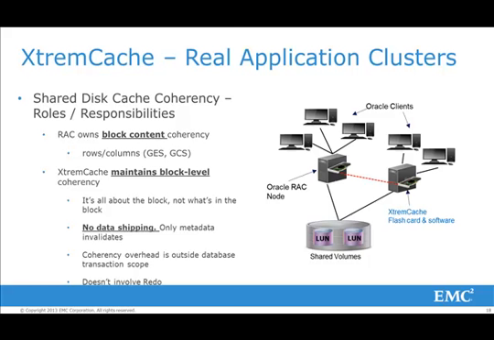Indeed, RAC itself with GCS, Global Cache Services, or Cache Fusion, is sending entire blocks of data around the cluster. That's not the operational method of XtremCache. XtremCache does not ship data. XtremCache only sends metadata invalidate messages.